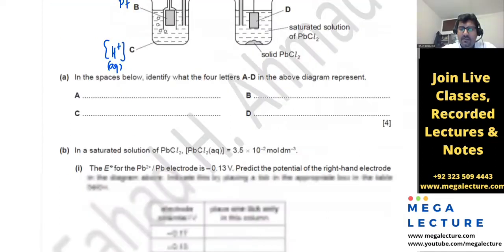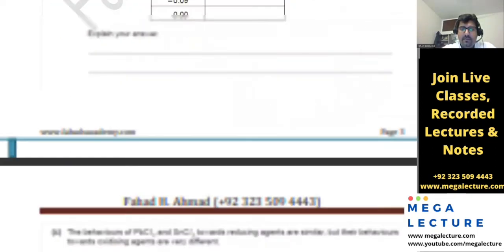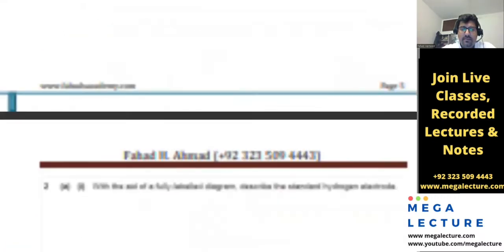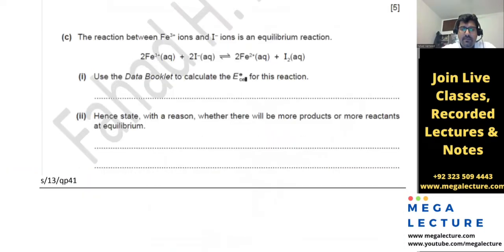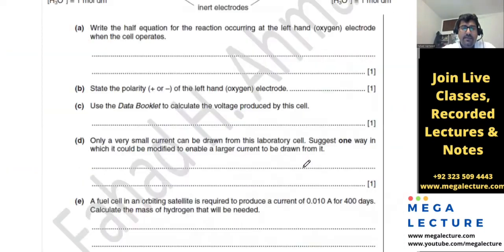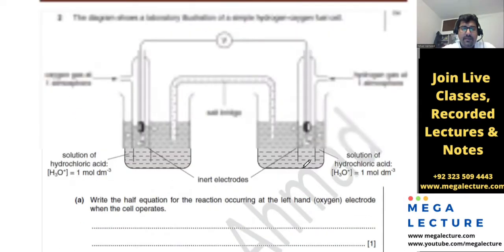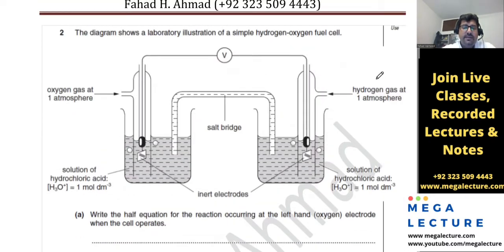Let's look at one more. Again, that's clearly your hydrogen electrode because it's got hydrogen and hydrochloric acid, so H+ ions in the solution.